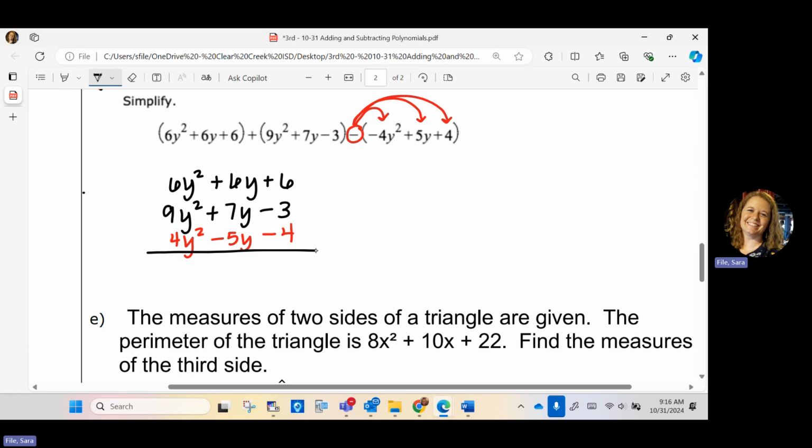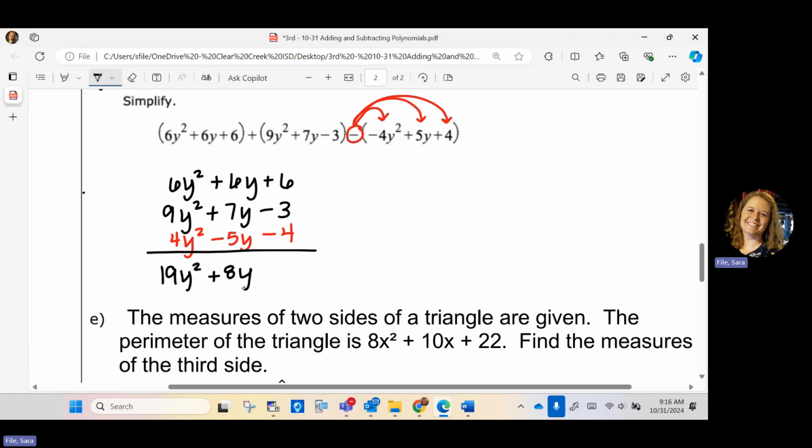And then combine all at once. So for the y squareds, that's 6, 9, and 4. So that is 19y squared. For the y's, that's 6, 7, and negative 5. So that ends up being positive 8y.